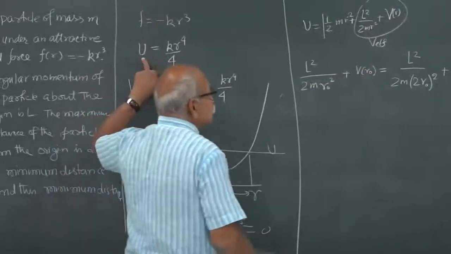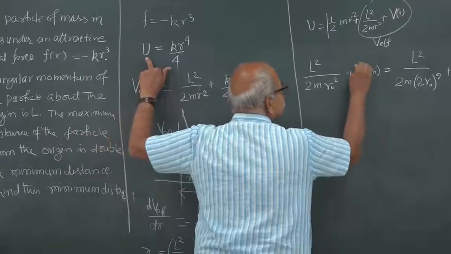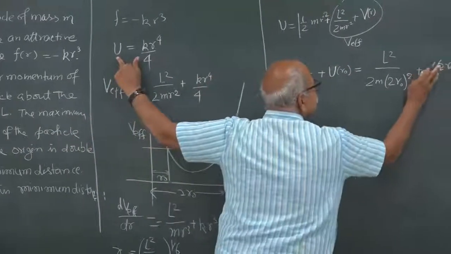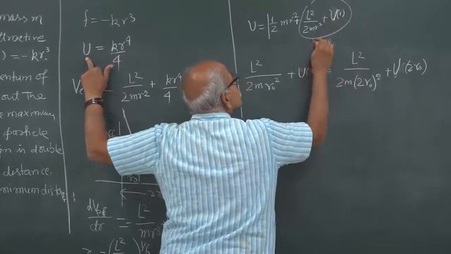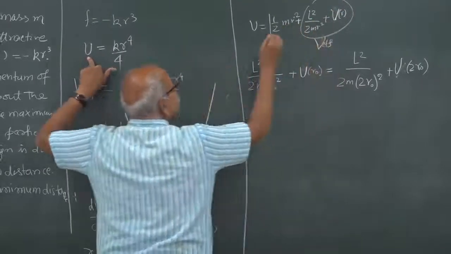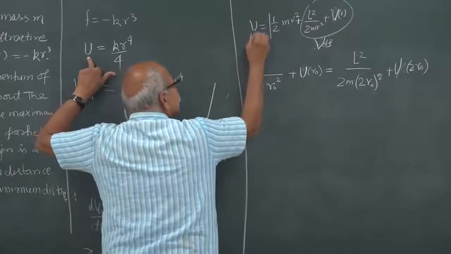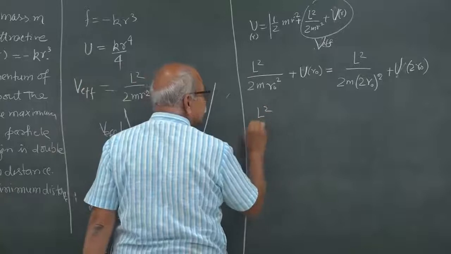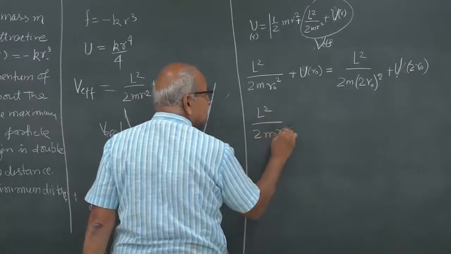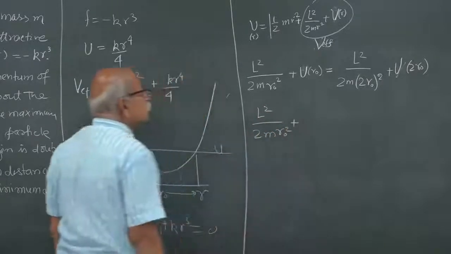Okay. So, this is u at r. So, this is a situation I can write L square by 2 m r naught square plus u at r naught.